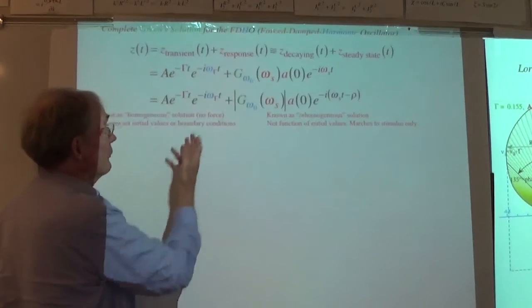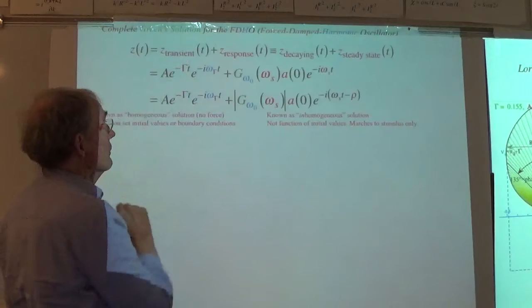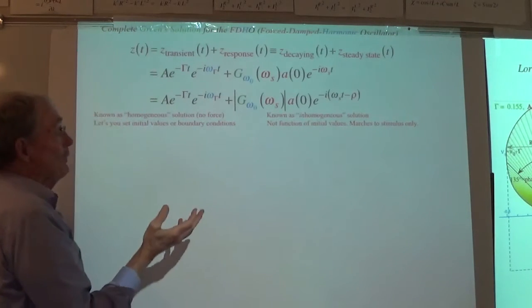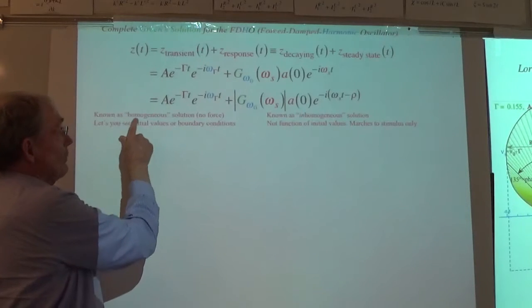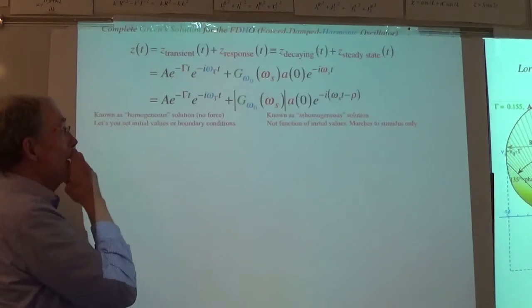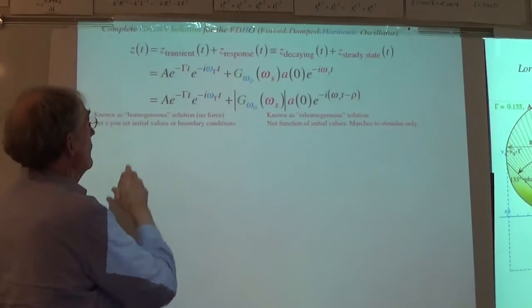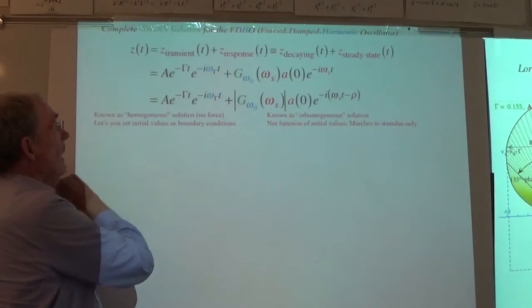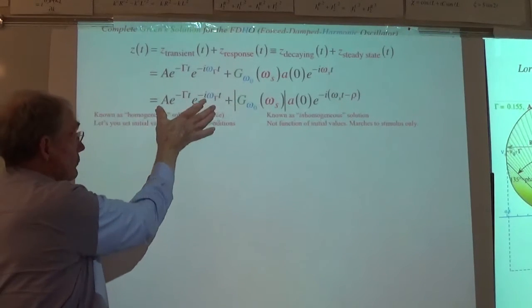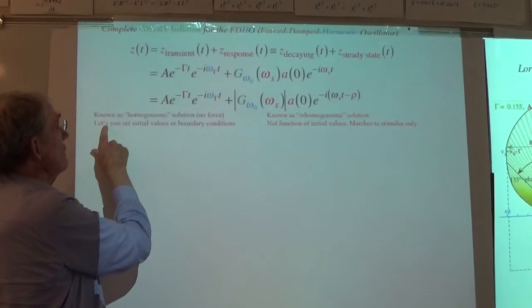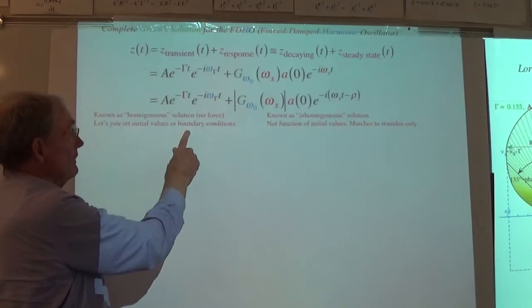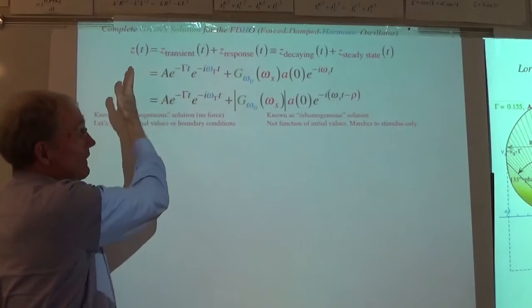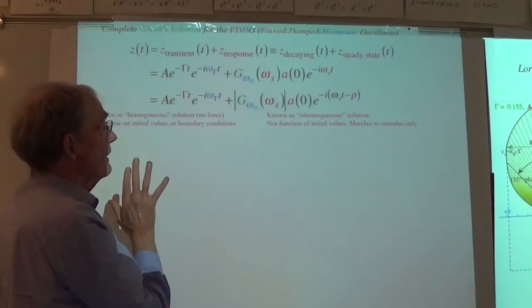So that's why it's called the transient by engineers and physicists, or essentially engineers as they're playing with this stuff. It's also known as a homogeneous solution. Remember that. That means no force in space and time. And you get this solution. The main thing is that this lets you set the initial values to whatever you want to specify.